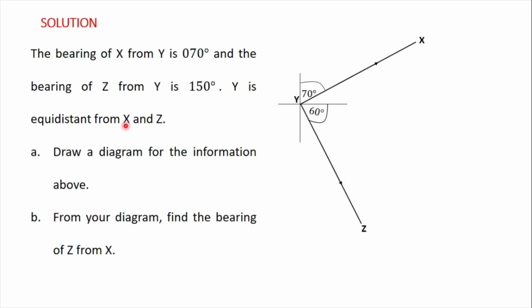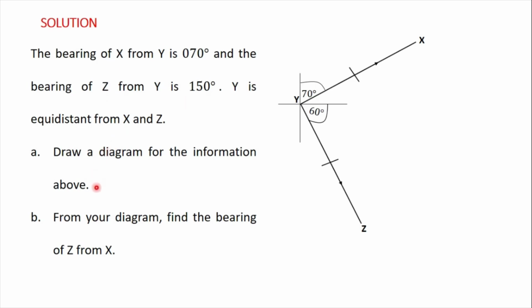So if I represent here with a bar, I'm going to draw another bar here to show that from Y to X is the same as from Y to Z. So you have been able to represent this information on the diagram.